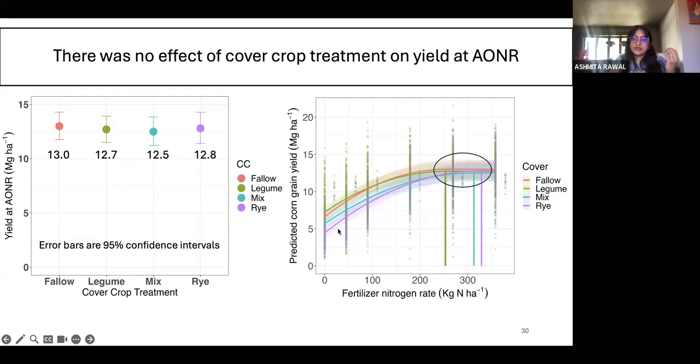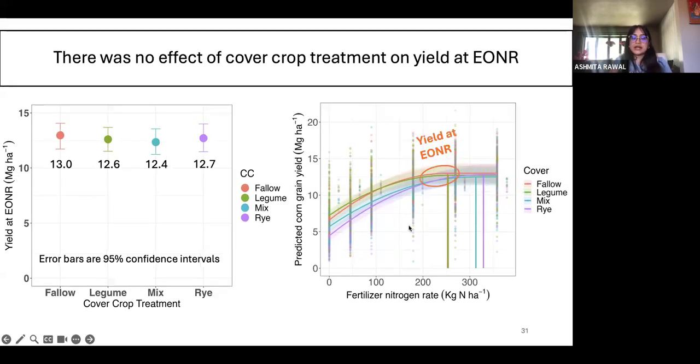This suggests that our yield penalties may be overcome by adding adequate nitrogen fertilizer. And this was the same case at economic optimum nitrogen rate. So these are yields at economic optimum nitrogen rate following all the cover crops, and they were not different from each other, but it ranged, again, from 12.4 to 13.